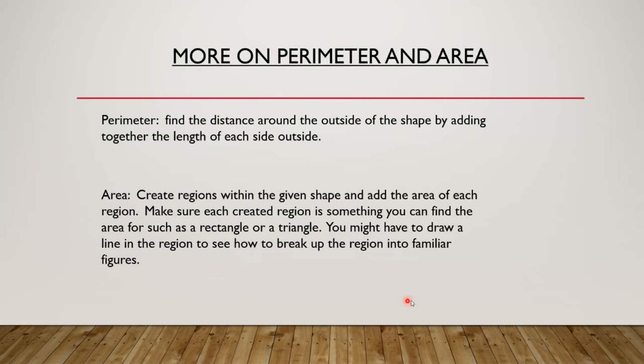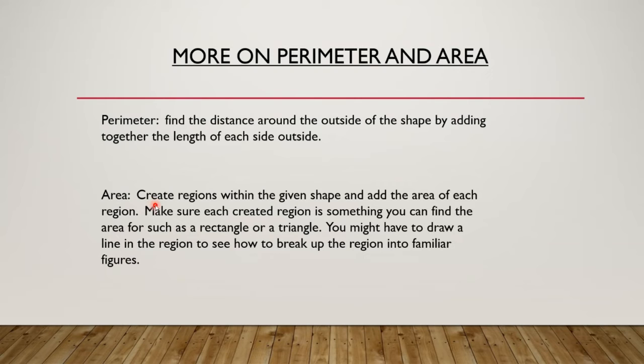Now for area, it's the same idea. Well, no, I shouldn't say that. For area, what you're going to do, you could also do this for perimeter if necessary. To handle area, you're going to break up the region into shapes that you know the area formulas for. I mean, you'll see when we do some examples.